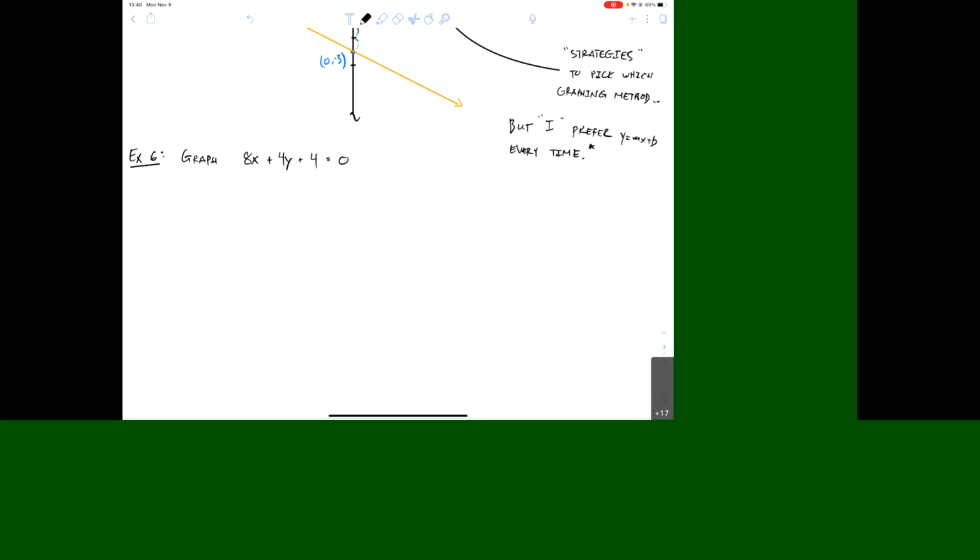You can see now that this one is almost in that ax plus by equals c form, but I just wrote everything on one side. And of course, you all know how to compensate for that. Let me make sure I don't have any typos: 8x plus 4y plus 4 equals 0. Okay, yeah, that's good. So go ahead and try that one, please.